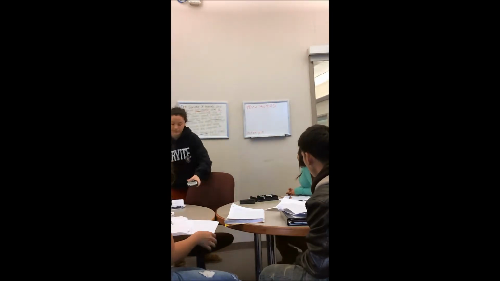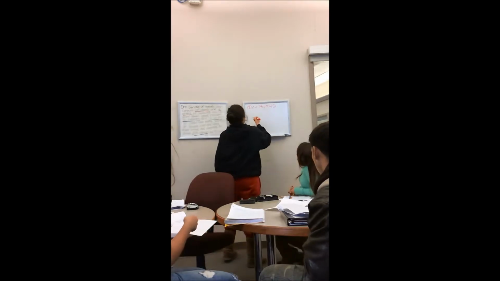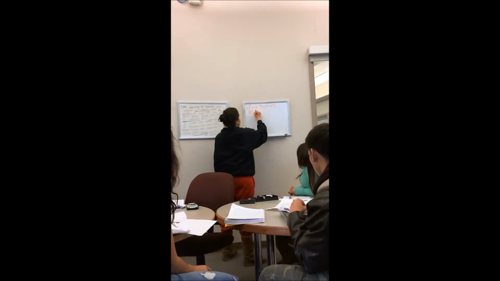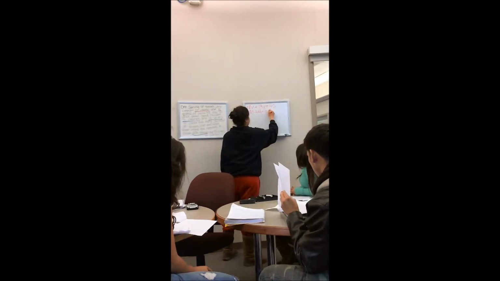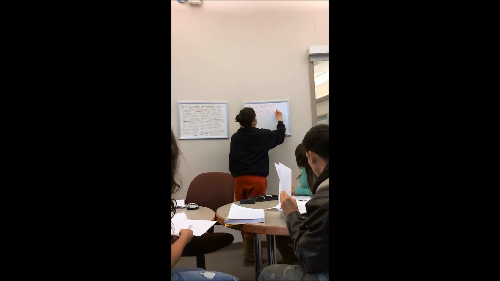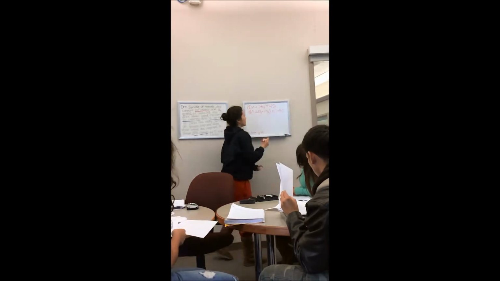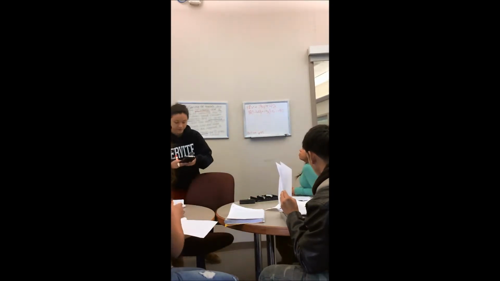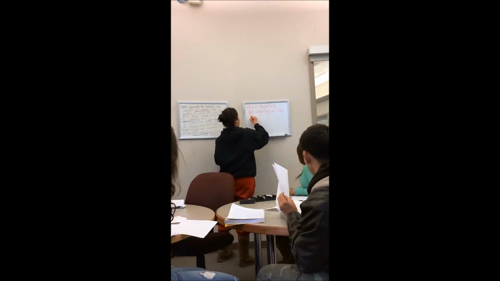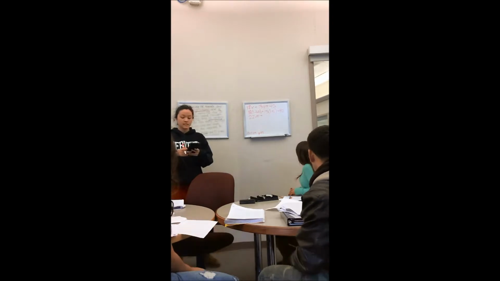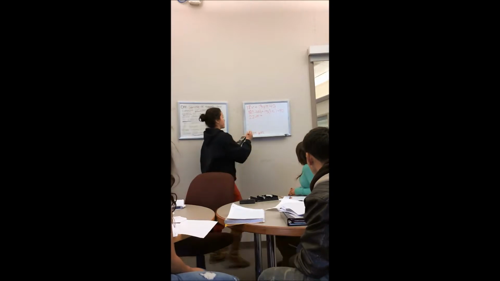Now we're just going to plug in. Okay, we'll go ahead and multiply that out. So 18 times 1.25 equals 22.5. 13 times 1.5 equals 19.5.